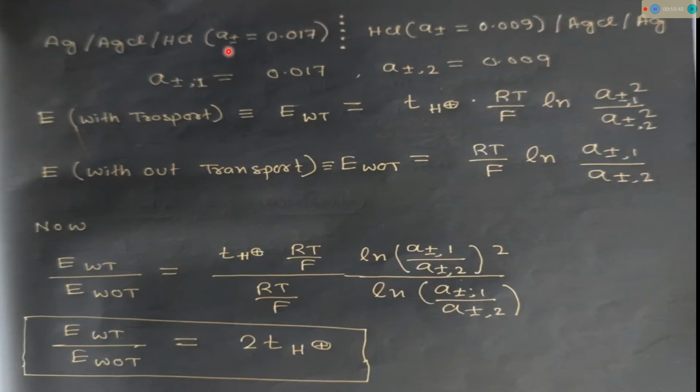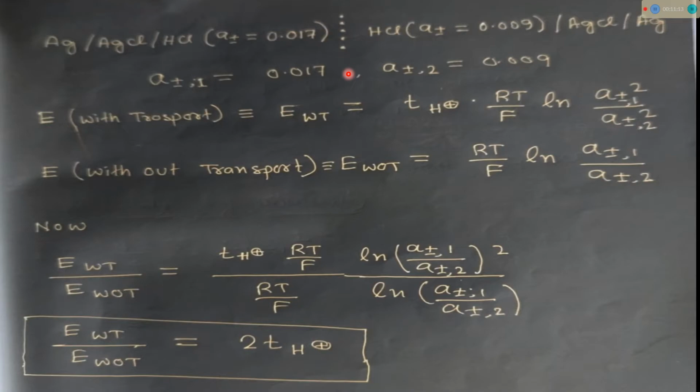This is an electrolyte concentration cell with transport. The activity a plus-minus 1 means the left half cell, which is 0.017, and a plus-minus 2 means the right half cell. The activity of HCl in the right half cell is 0.09091.